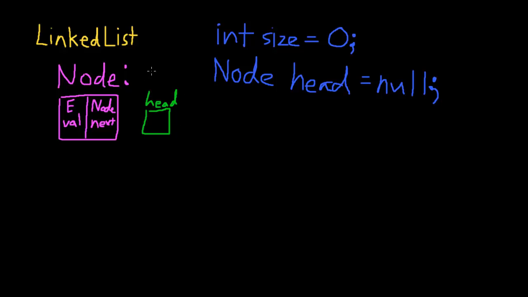So the way the add method works with a linked list is I create some new node, and then I put in my value, so I'm going to say like 1, right? And then next is null because I don't have some next element.